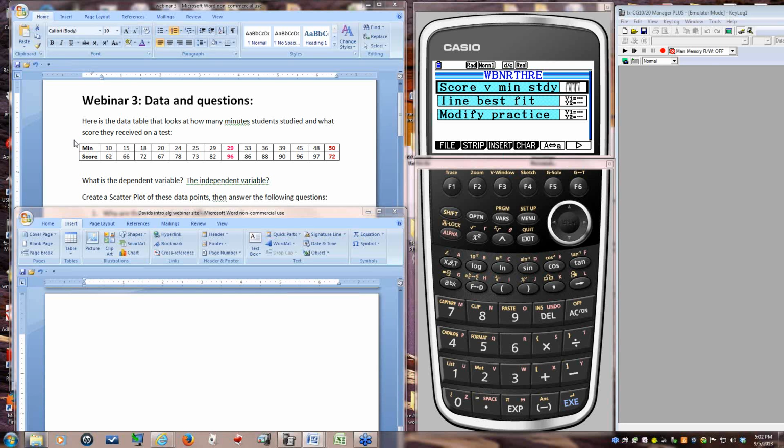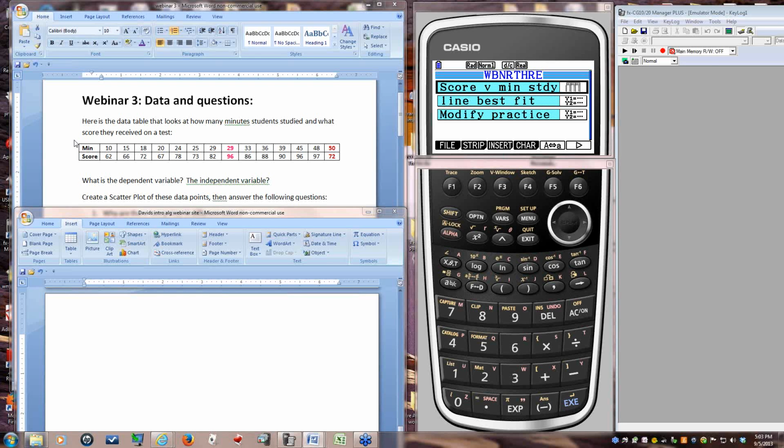But one of the questions to ask is just what's the dependent variable, what's the independent variable? And that can be an interesting question, especially for your students, because students might be more interested in how much time do I have to study for a certain score, in which case they could make the score the independent variable, and then the number of minutes they have to study the dependent variable.